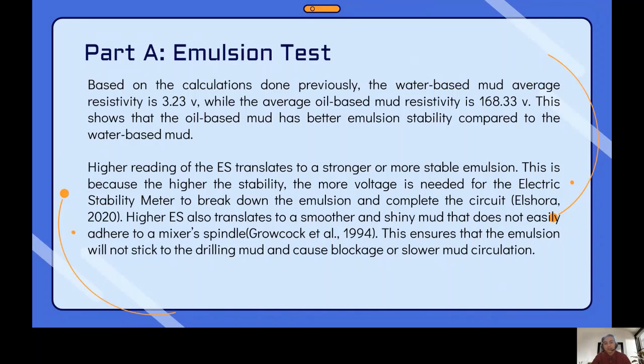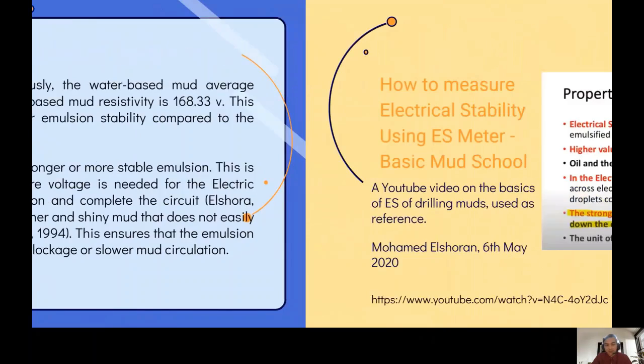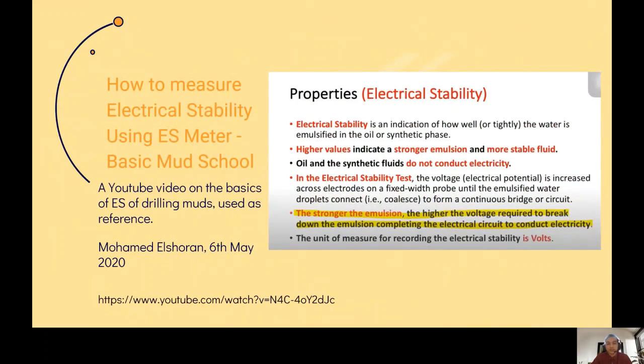From that, we can discuss that the oil-based mud is better in terms of electrostability, which means it is a better, stronger emulsion than the water-based mud. Here is the YouTube video that I used as a reference for the discussion of the electrostability test in the first part of the experiment.